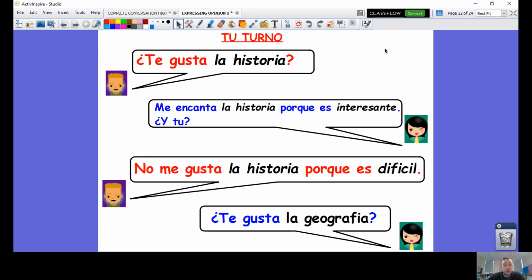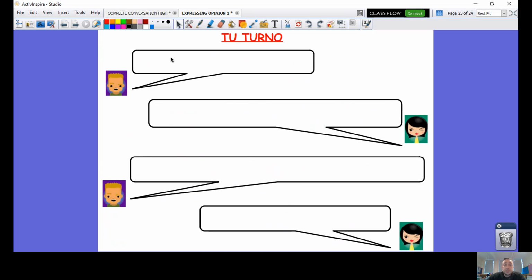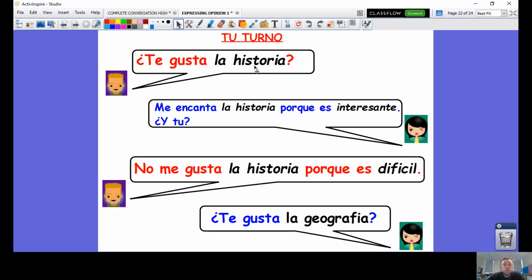Muy bien. So, what I'd like you to do now is, if you can print this off, that would be fantastic, or you can just write it on a piece of paper using the PDF as your guide. I'd like you to write out a very similar conversation with our school subjects, starting with a question.